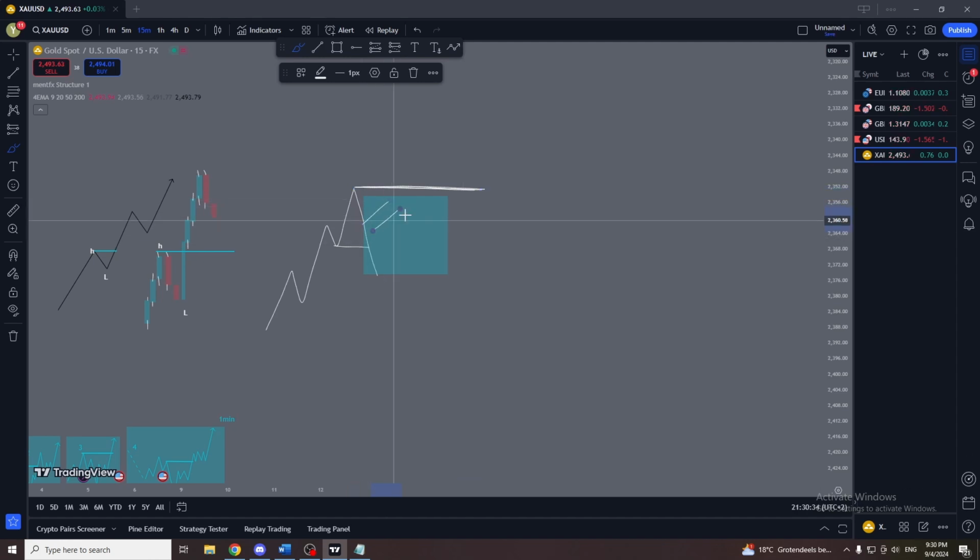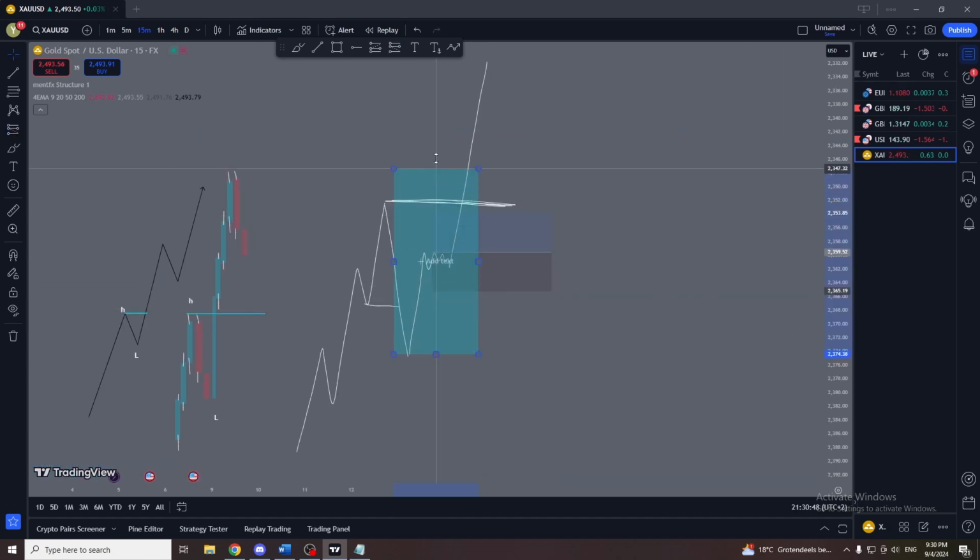So I'm trading inside reaccumulation. As soon as it breaks the reaccumulation once, let's just imagine I have an entry here. So let's say this is my entry, like this, 1, 2, 3. Okay.